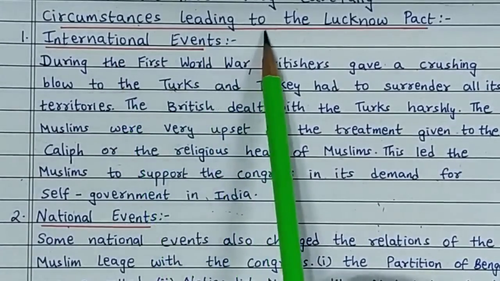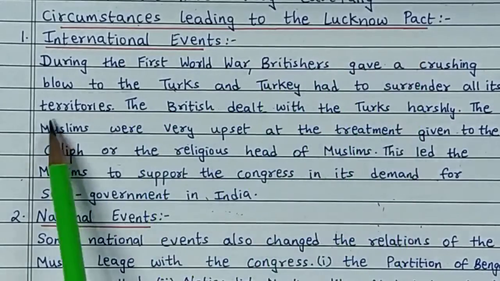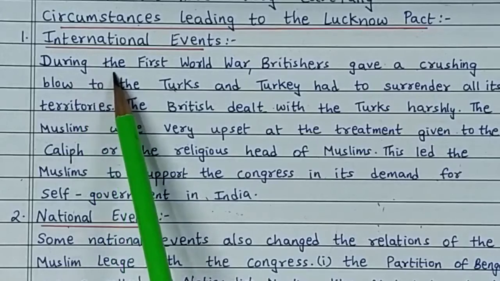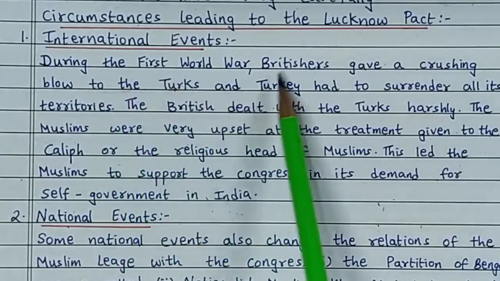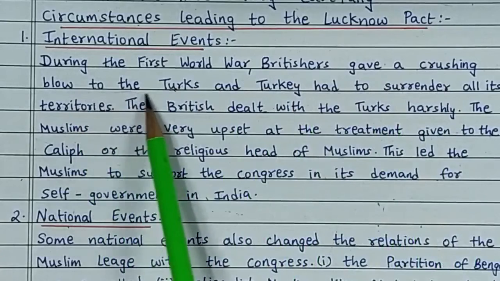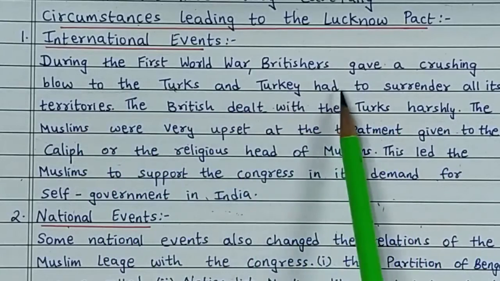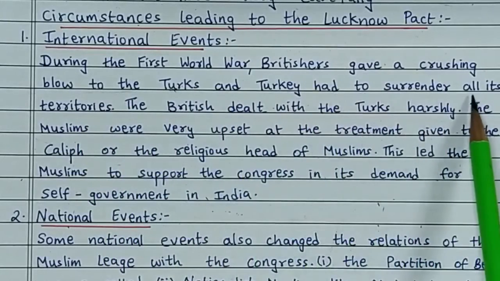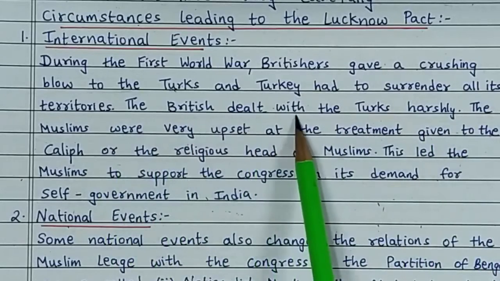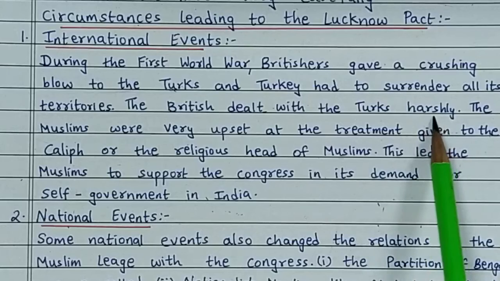Circumstances leading to the Lucknow Pact. Number 1. International events. During the First World War, the Britishers gave a crushing blow to the Turks and Turkey had to surrender all its territories. The British dealt with the Turks harshly.